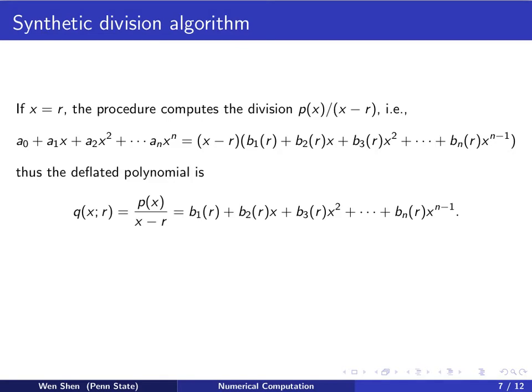And that is great news, because actually we are interested in the deflated polynomial. And in that procedure, the coefficients in b here would exactly be the coefficients for the deflated polynomial.